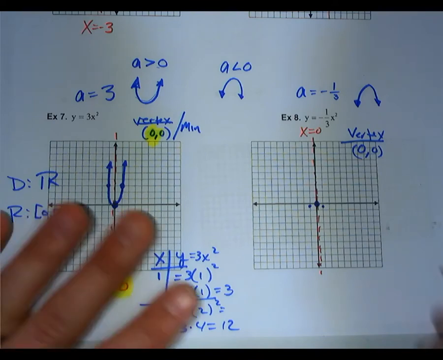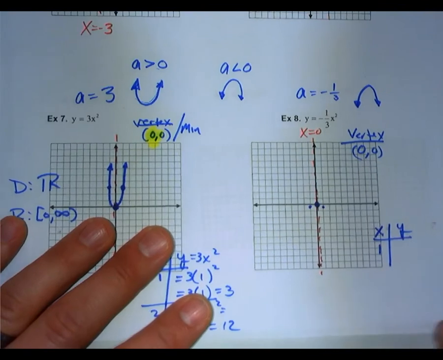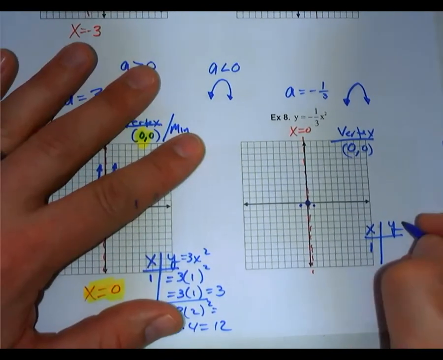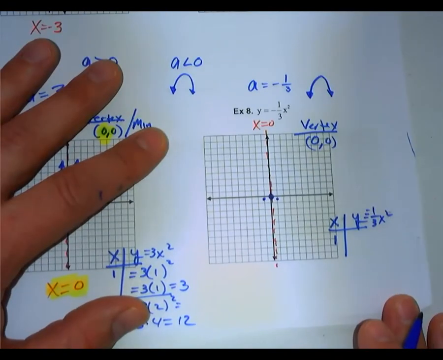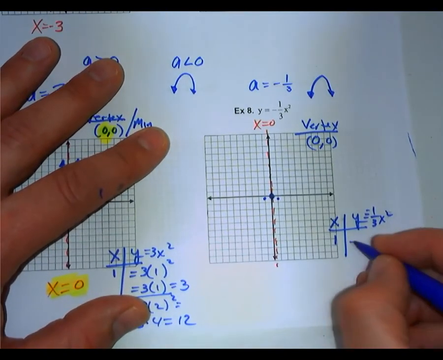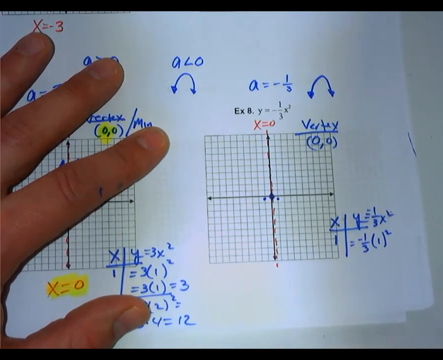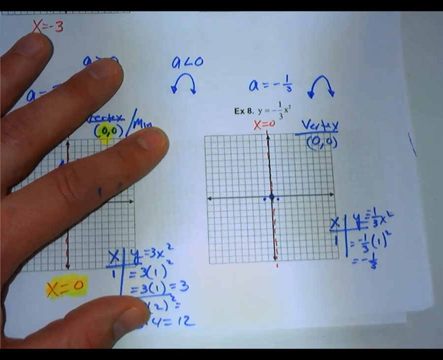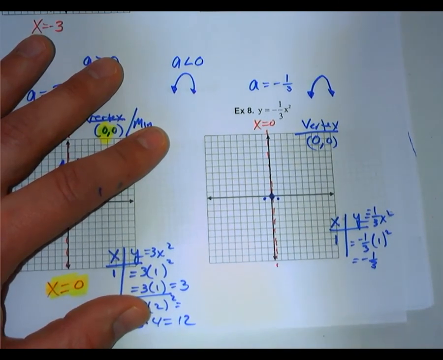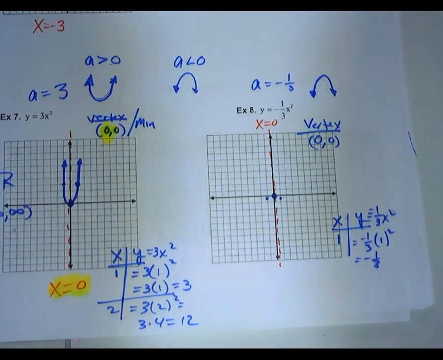So if you wanted to look at a table here, so you can see what's going on, plug in 1. We're plugging that into negative 1/3 x squared. That's negative 1/3 times 1 squared. Well, that's 1 times negative 1/3, which is negative 1/3. So 1 comma negative 1/3 is right there. And then it's symmetric. That one's going right there.